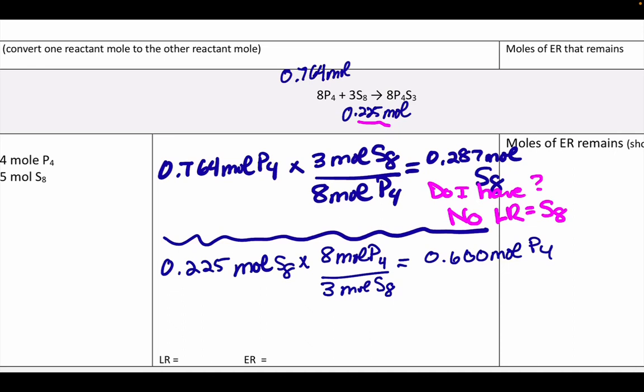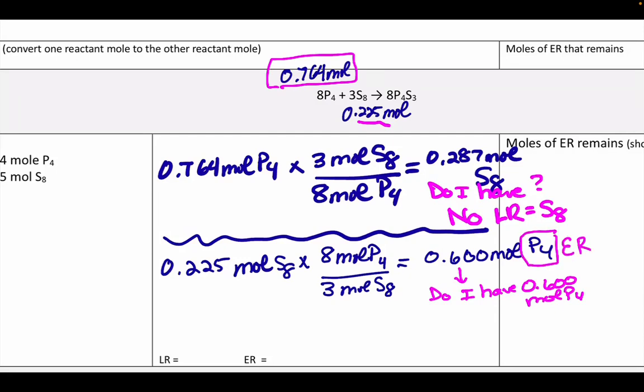But it could be just by chance that you pick the other way, which I have down below, and you'll still get the same limiting. So in this question, I still ask myself, do I have 0.6 moles of P4? And up here, you can see that, yes, I do. So that means this is my excess reactant. And then the one I started with is my limiting.